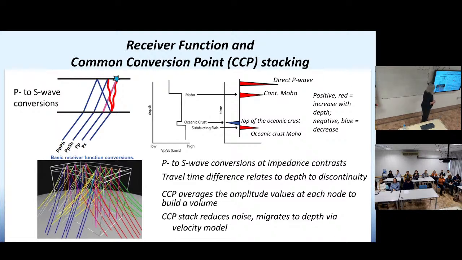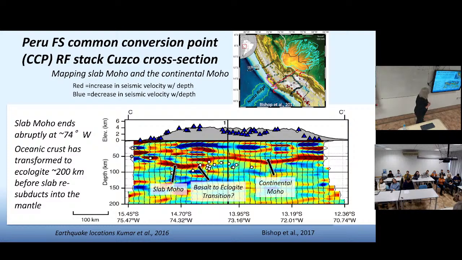If we take teleseismic earthquakes coming up under our stations from all different directions and azimuths, we can put together a three-dimensional volume that shows us discontinuities. It's not seismic velocity, but it's discontinuities. Here's one of those images going across the Andes where the Nazca Ridge subducts.